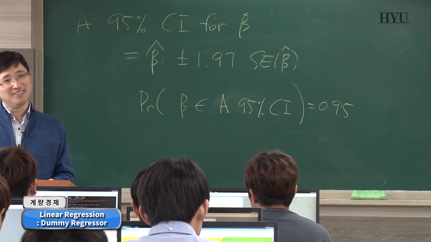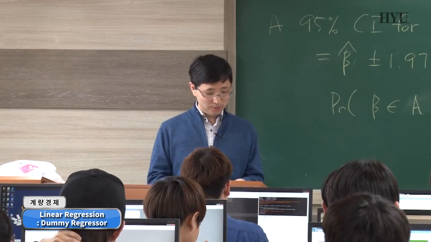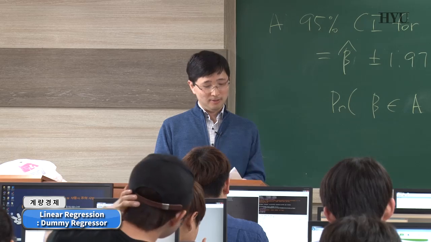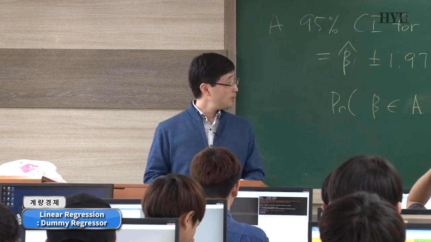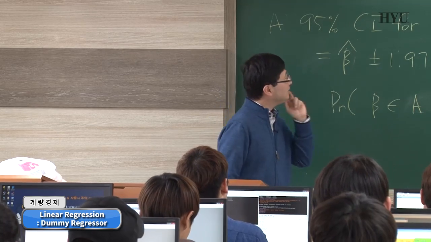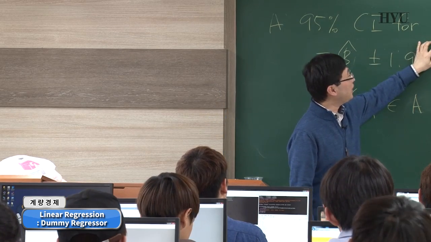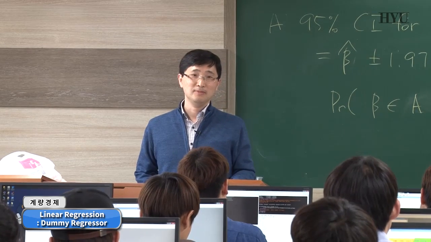I'm not sure whether it's important for us. It is important for the statistics when you learn this thing the first time, but after that, I'm not sure. But let me try it. So the thing is this. This beta is a number. Okay?